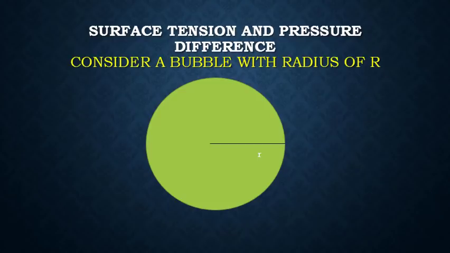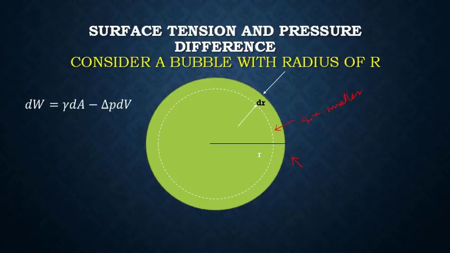So let us consider a bubble with a radius of r, and let's say this bubble contracts to a smaller size of bubble, with a distance of dr. What is the work done for this contraction to happen?